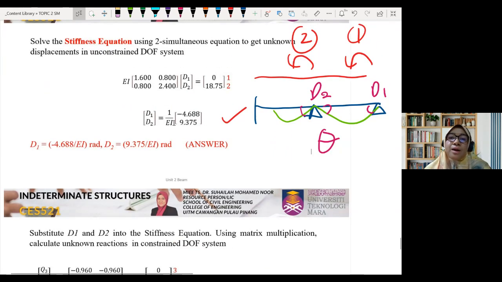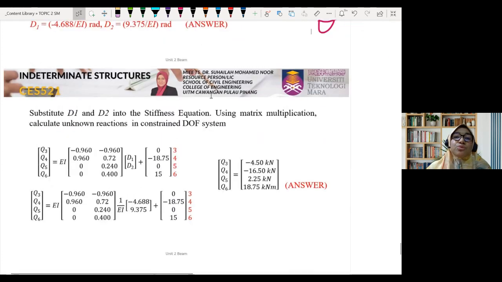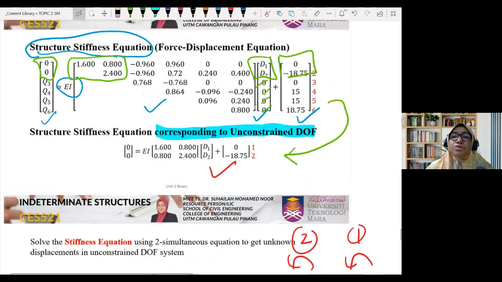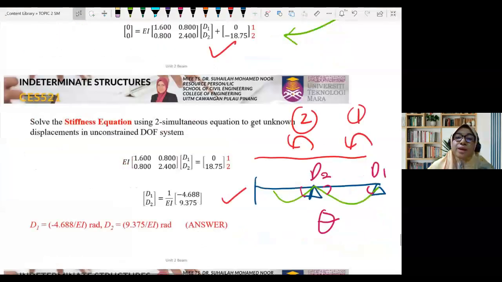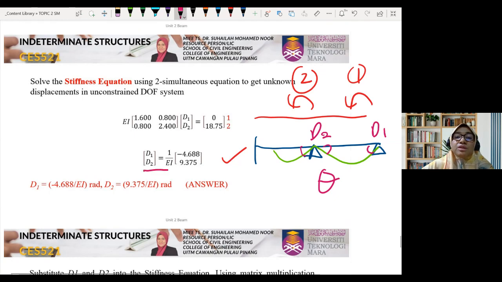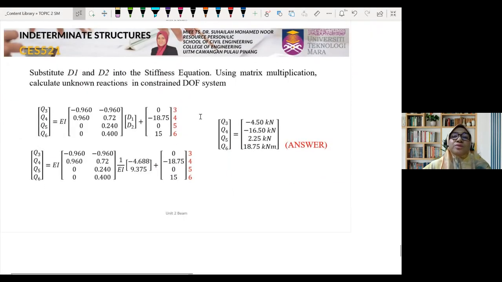And once we have this displacement, to complete this analysis, we will substitute into the stiffness equation. So these two displacements, D1 and D2 that we get, we will put into the big equation. After we have solved the two simultaneous equations, we put this value back into the big stiffness equation, and we analyze the reaction at the support using multiplication.